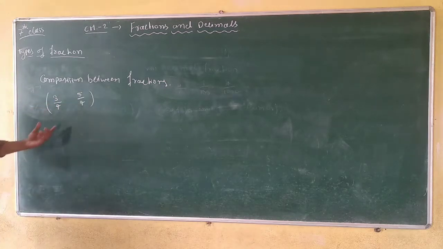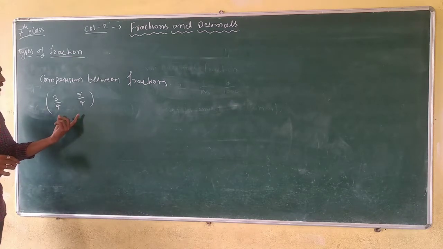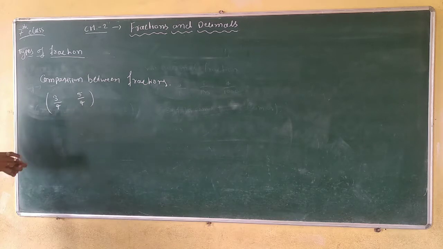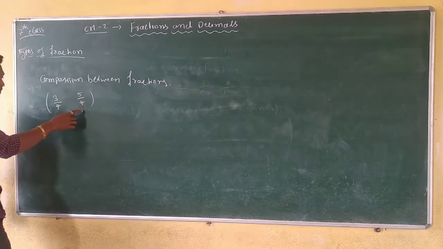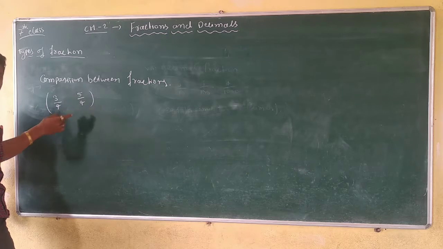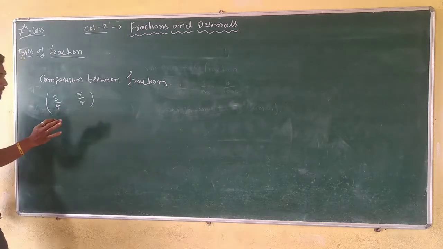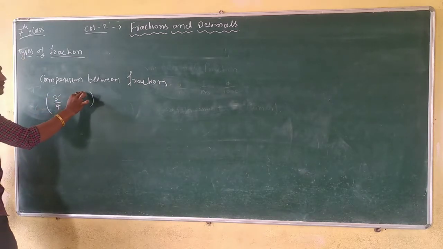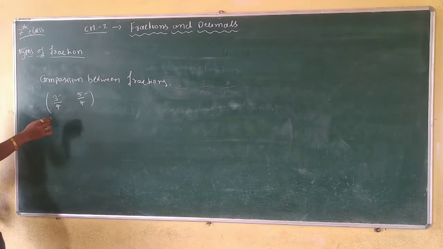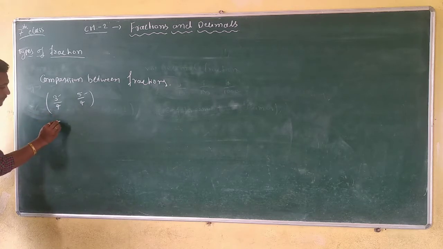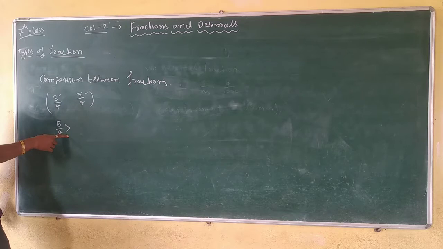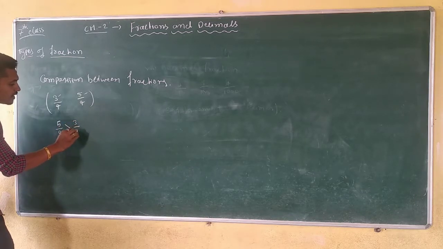Comparing them, which one is smaller and which one is greater? See here, their denominator is the same. When the denominator is the same, you just compare their numerators. 5 is greater than 3. Therefore 5 divided by 4 is greater than 3 divided by 4.